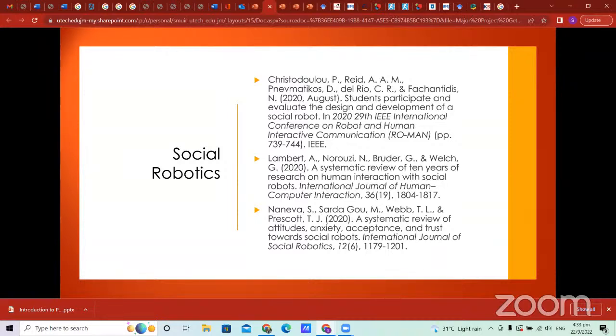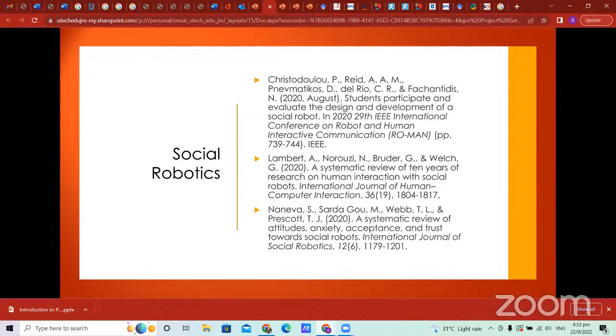I found an article, a systematic review of 10 years of research on human interaction with social robots, and another systematic review about attitudes, anxiety, acceptance, and trust. What I found out from this last one is that people, on the whole, are willing to accept social robots.